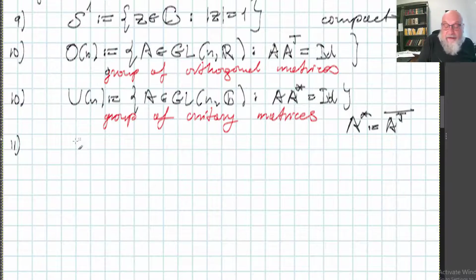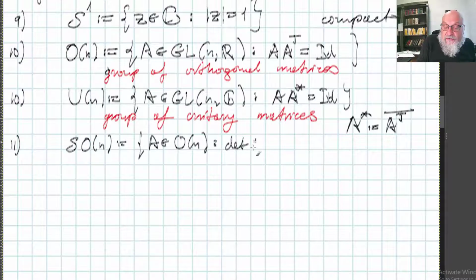So our example here is also a special orthogonal group. In such a case, it will be simply the set of all orthogonal matrices A such that the determinant of A is equal to 1.